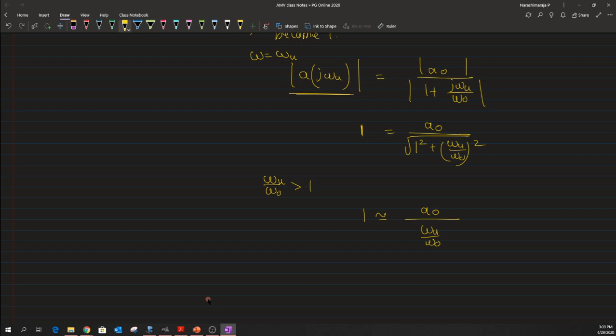From here one could quickly evaluate omega u to be equal to the product of the DC gain of the open loop configuration multiplied by the bandwidth of this particular circuit. Hope that this quantity is clear, and even when we evaluate the unity gain bandwidth of a closed loop system, we would end up having the same result. I will show it once we evaluate the closed loop response magnitude function.